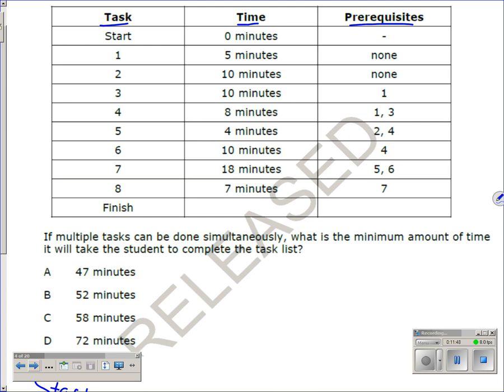Okay, let's stick with that. I hate that there's numbers for the task and for the processing time, so let's make it letters: A, B, C, D, E, F, G, H. I'm changing it to letters because I don't like seeing numbers for tasks.